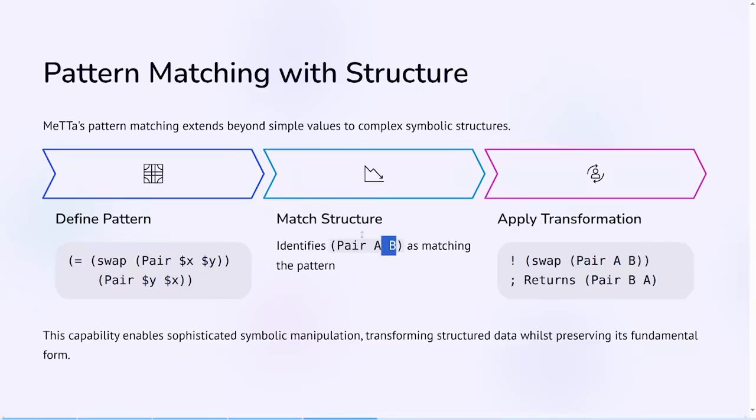Only if it's two parameters is it okay, because we define variables here. So whenever I call swap with a pair of two arguments, it will return the swap of the parameters, keeping the defined pair here. So let's check it.